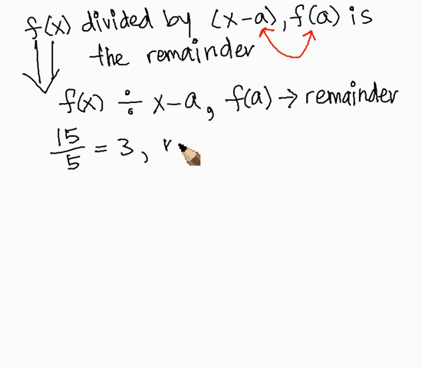And gladly speaking, the remainder is 0, which makes life far less complicated. So even with numbers, when you divide by some other number and you get a remainder of 0, we call them factors. It's the same. We generalize this to polynomials.